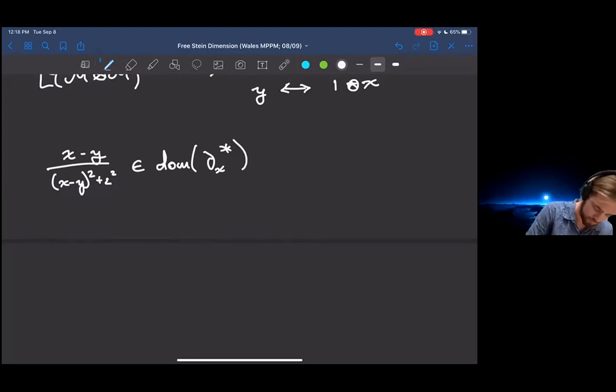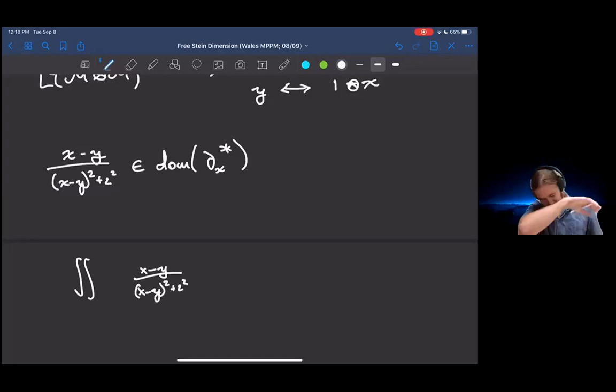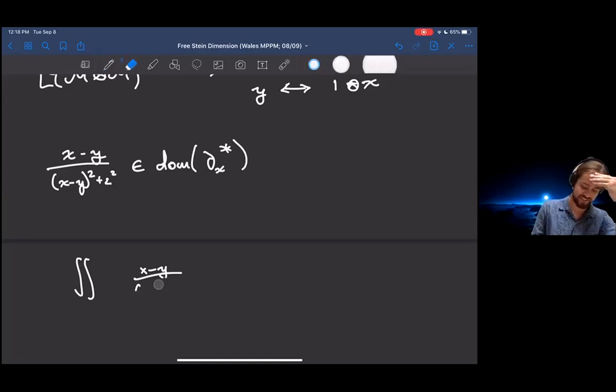And so what you want to check is that the integral of x minus y over x minus y squared plus epsilon squared times... or rather, sorry, I've made a mistake.